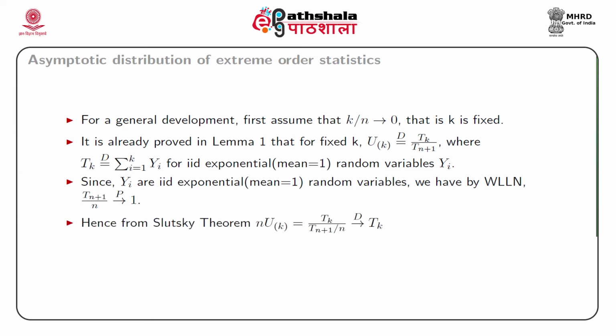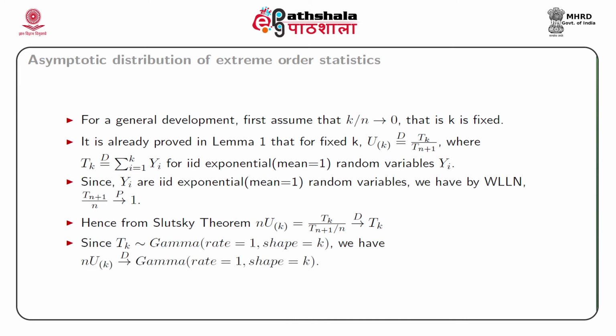Hence, by Slutsky's theorem, n times U(k) converges in distribution to Tk. Since Tk has a gamma distribution with rate 1 and shape k, we have n times U(k) converging to a gamma variable with rate 1 and shape k in distribution.